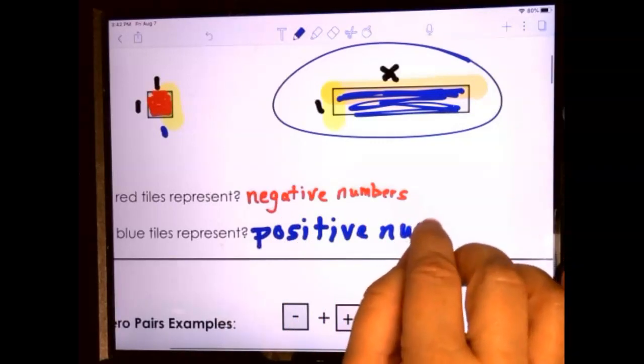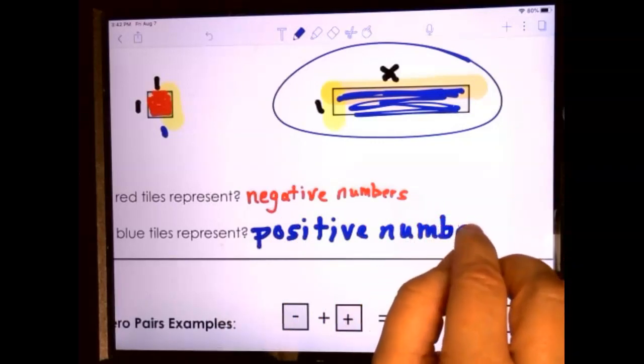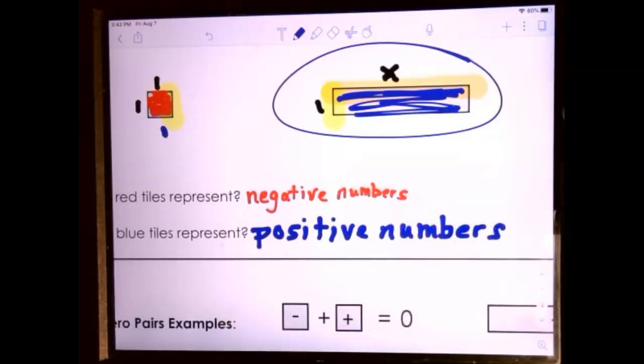Now you may see ones that are different colors. The ones that I have in the classroom, some of them are green and red, and some of them are pink and orange, I think. So you just have to choose which one's going to be negative and which one's going to be positive and be consistent with that.